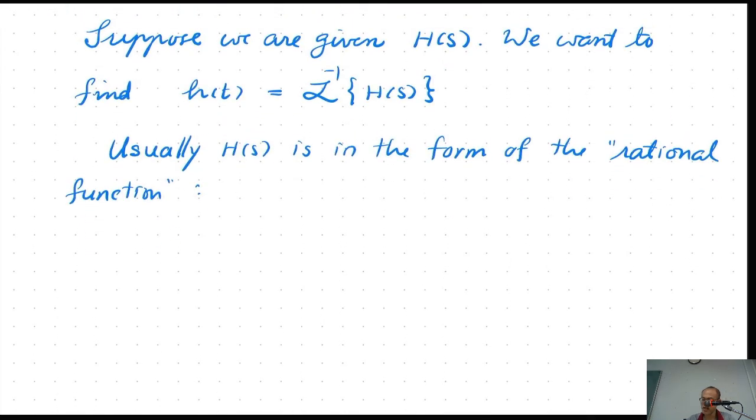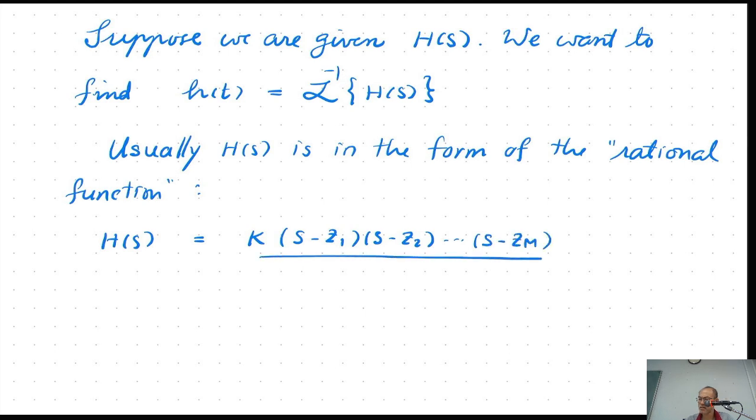A rational function has this form: H of s equals some constant k, which is a real number, times s minus z1 times s minus z2, and so on, times s minus zm, divided by s minus p1 times s minus p2 times and so on up to s minus pn. This is the rational form.